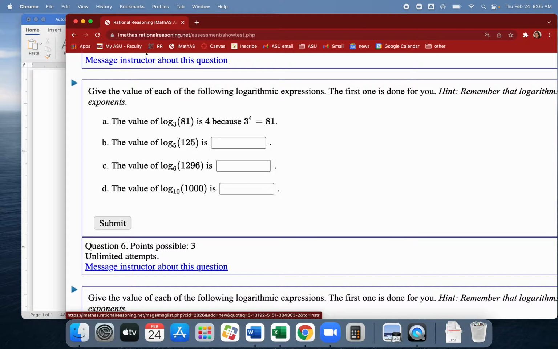So there's a lot of expressions like this. There's nothing to do on a calculator really, other than if you just want to check your multiplication. But these questions here ask, then there's a couple questions in a row. Give the value of each of the following logarithmic expressions. So log base 3 of 81 is 4. And then it explained why, because 3 to the 4th is 81.